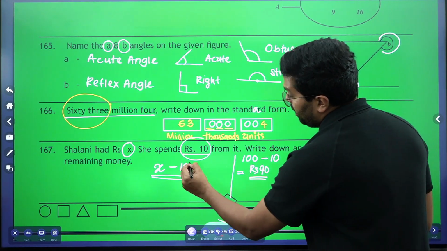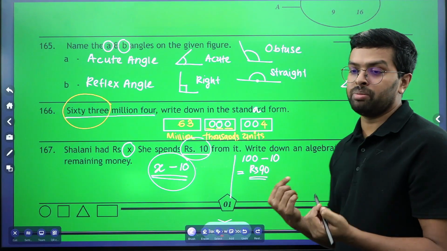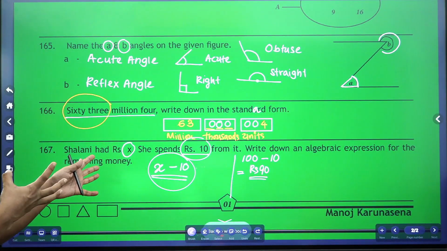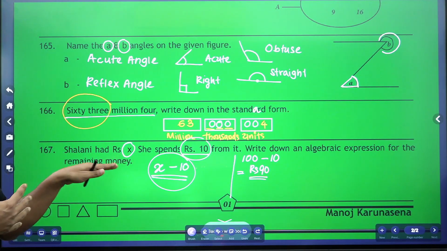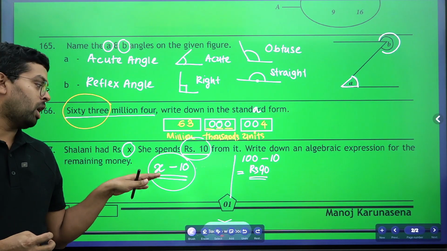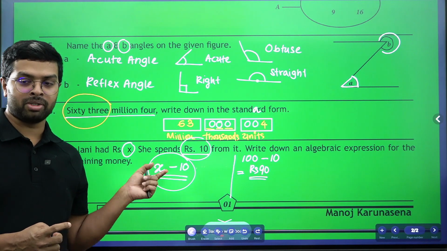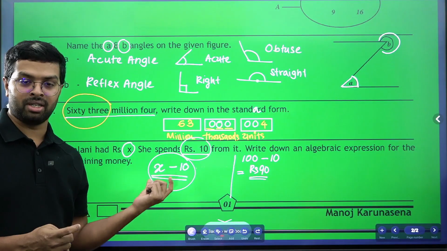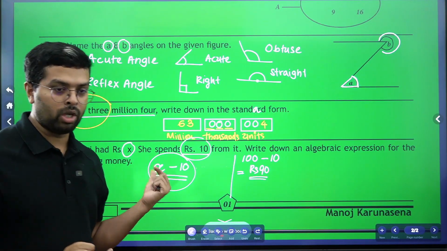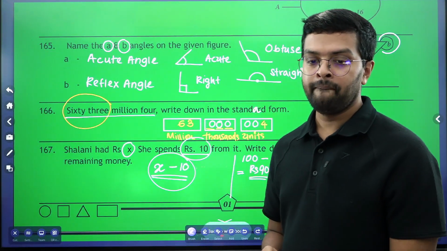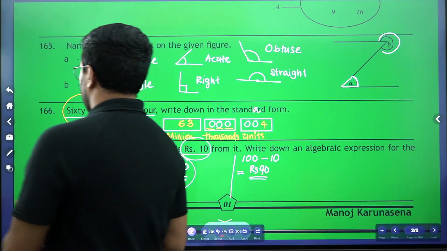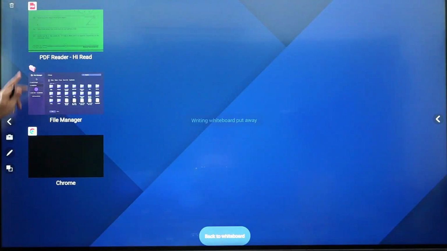So this is the maximum we can simplify this algebraic expression. You can't simplify it further than this. You have to keep it as it is. All right? Am I clear enough? Yes? Okay. Right. Next set of questions.